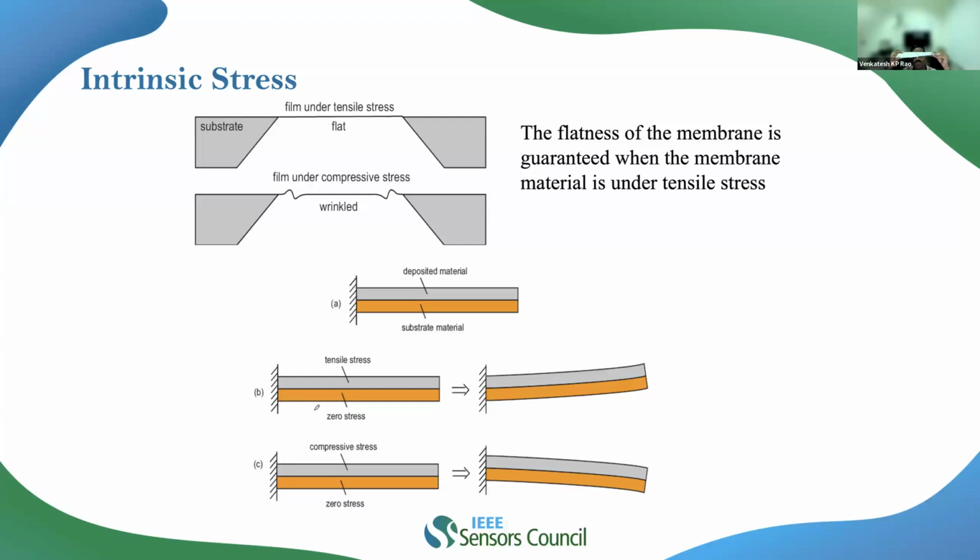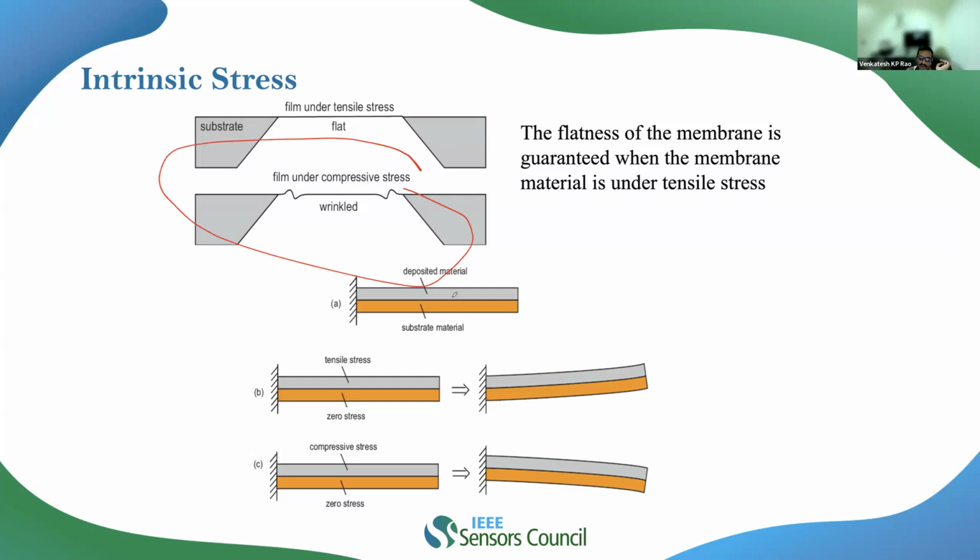Now, if I apply a tensile stress onto it, then what happens? It will basically flatten out, right? On the other hand, if you apply a compressive force, then what happens? It will undergo wrinkling, right? So, that's how you can get a simple feel of how the film will have tensile stresses or compressive stresses.